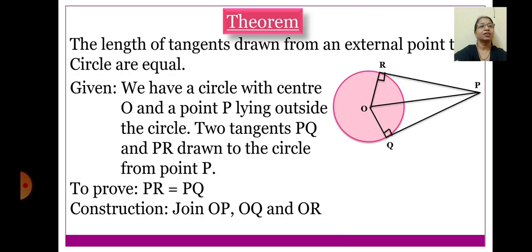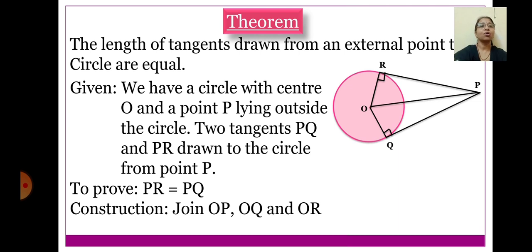Yes. So our next theorem is based on the tangents drawn from the exterior point. The statement of the theorem is: the lengths of the tangents drawn from an external point to the circle are equal. Right?